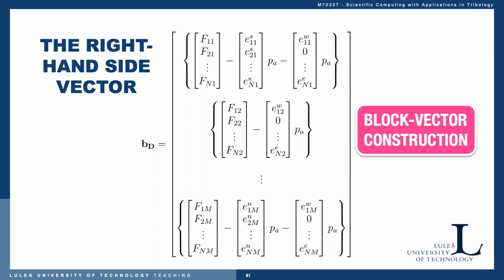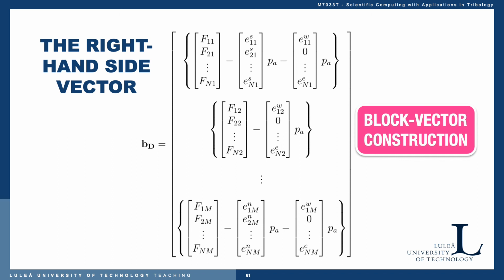In the first block we will have the boundary conditions coming both from the south indices and from the west and the east indices in the first row and last row of this block vector.